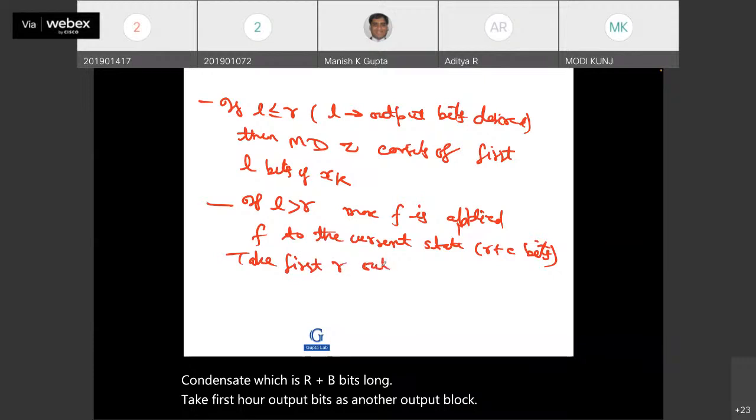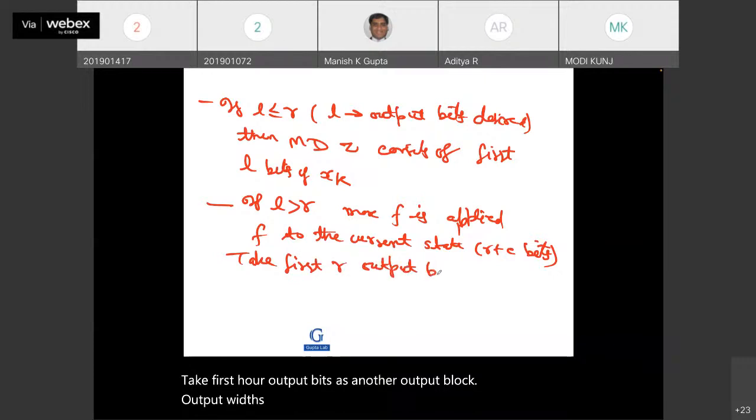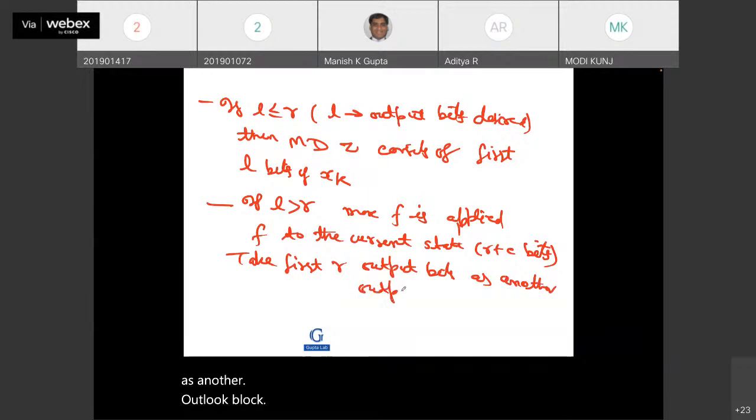This is repeated until we have a total of more than L bits.